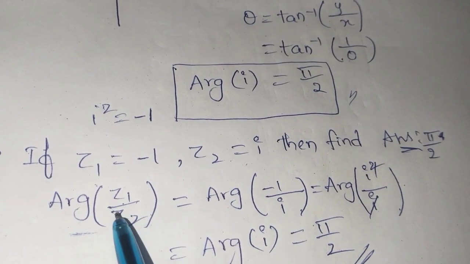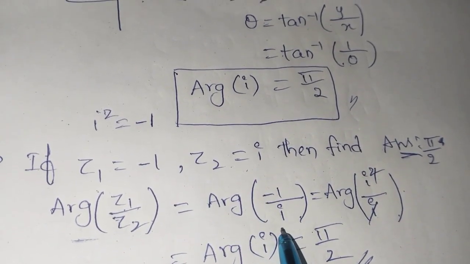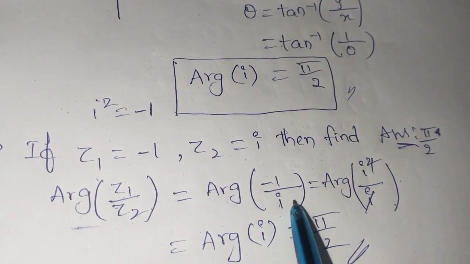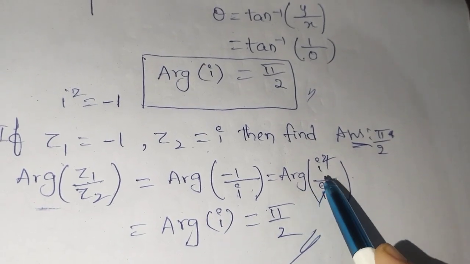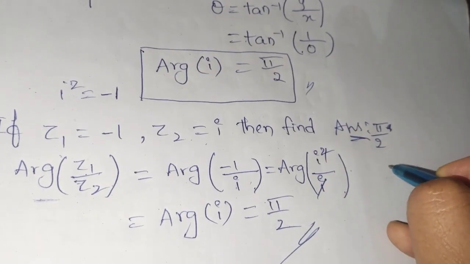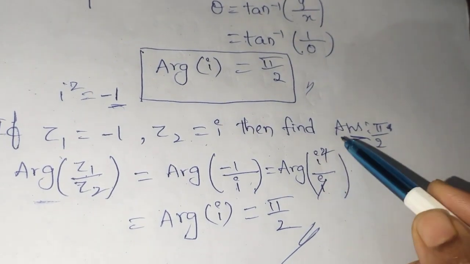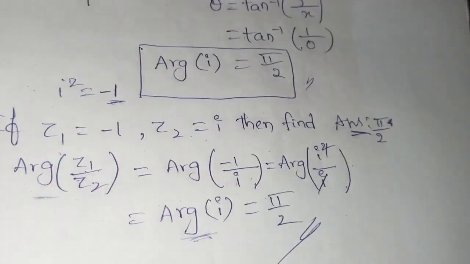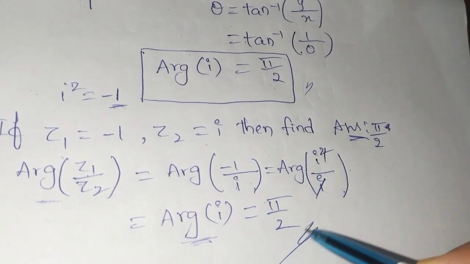So the argument of z1, which is minus 1, divided by z2, which is i. So the argument of minus 1 by i. If you observe here, minus 1 I can write as i square. So the argument of i square by i, cancel i, the argument of i. What is the argument of i? We derived previously, that is pi by 2. So this is the answer.